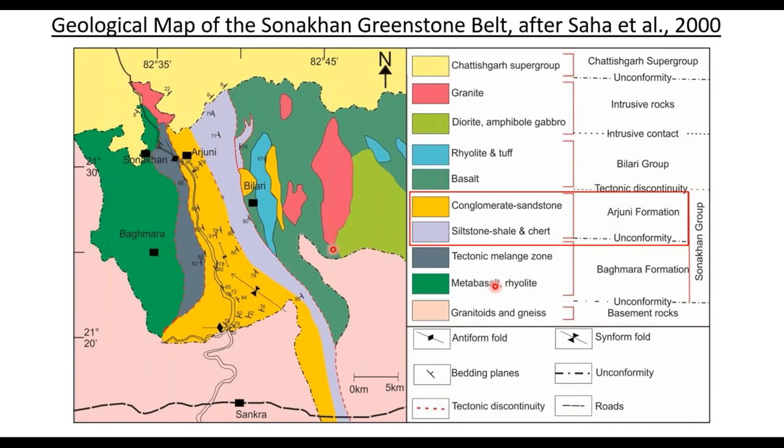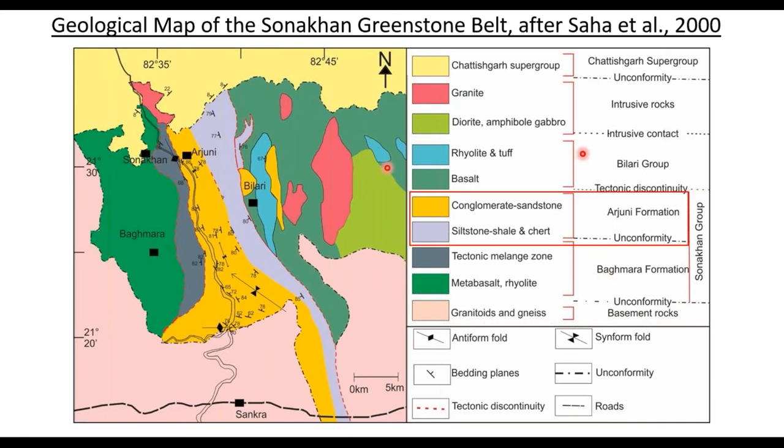Bagmara Formation consists of metabasalt and tectonic melange, and Arjuni Formation consists of conglomerate, siltstone, shale, and chert. Two important facts about the Arjuni Formation are that the conglomerate clasts are from the metabasalt and rhyolite of the Bagmara Formation, and the basement of the Arjuni Formation is the basaltic and rhyolitic units of the Bagmara Formation.